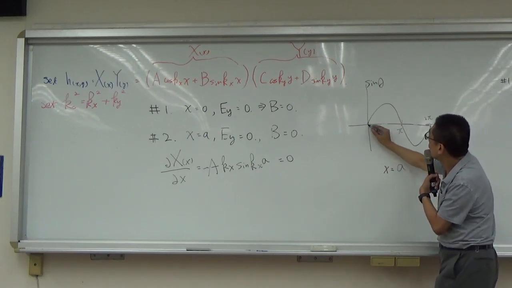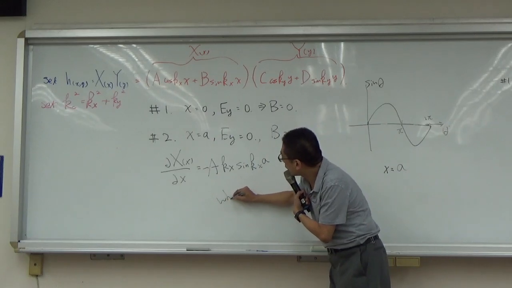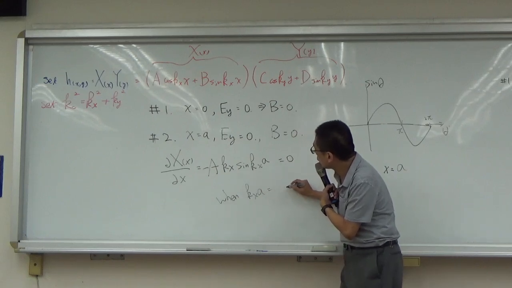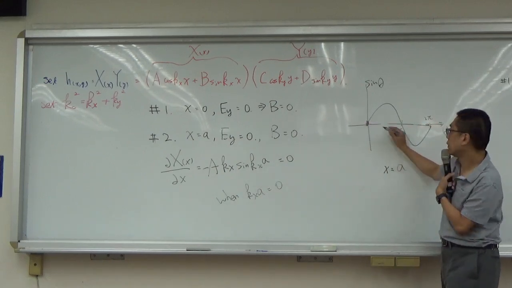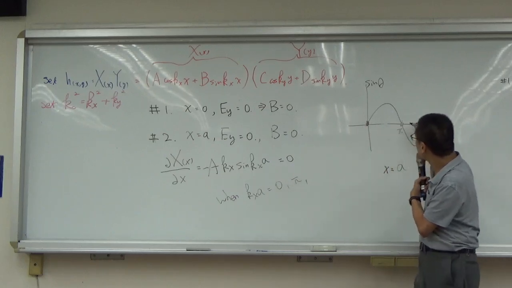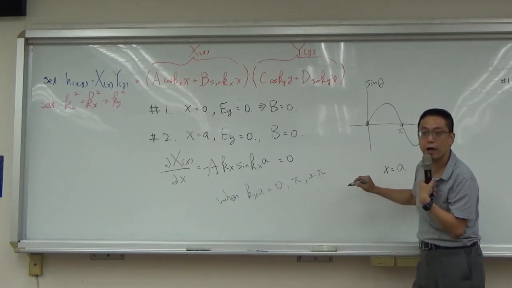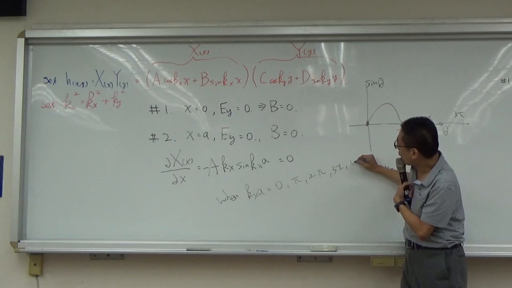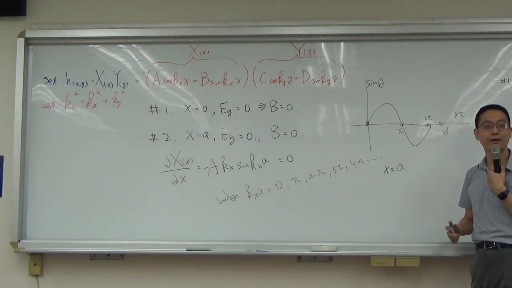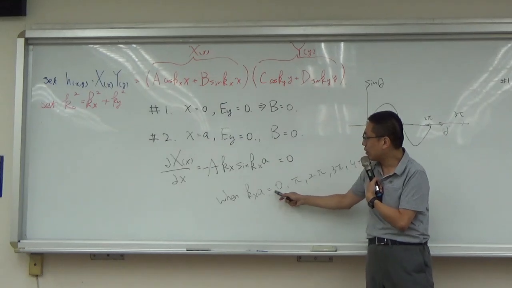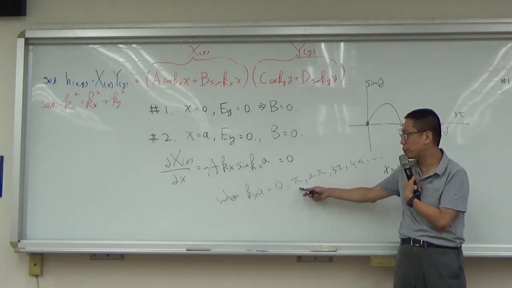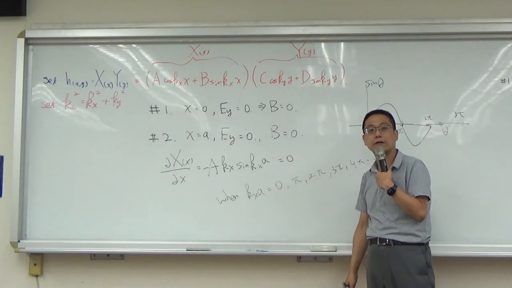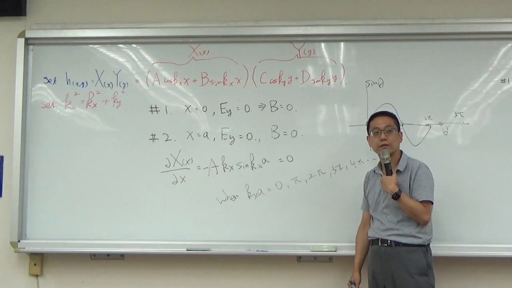When is it 0? When Kx a equals to 0 or pi or 2 pi or 3 pi, 4 pi, and so on. When Kx a equals to some integer multiplied by pi, this one is 0. Okay?